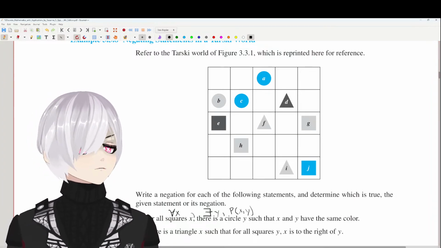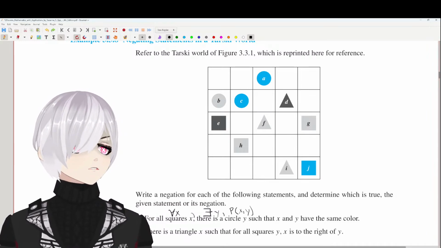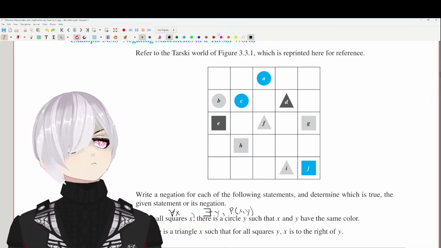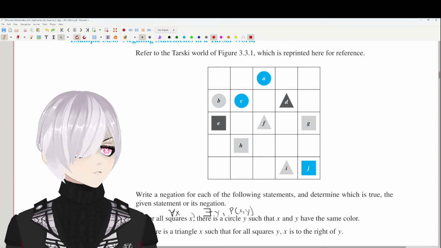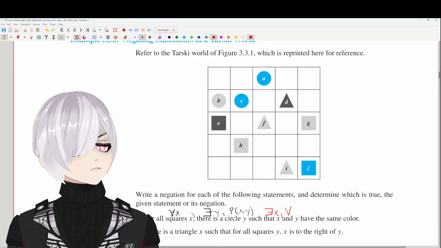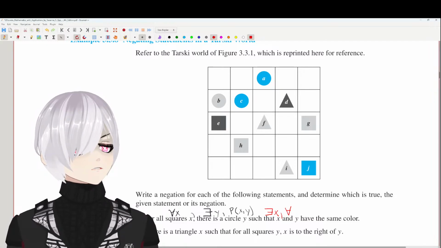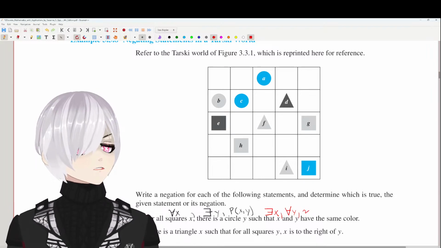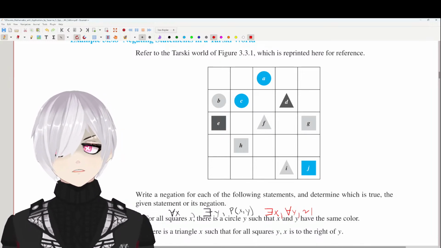So the negation of all that would be: there exists a square x such that for all circles y, it's not the case that the square x and the circle y have the same color.